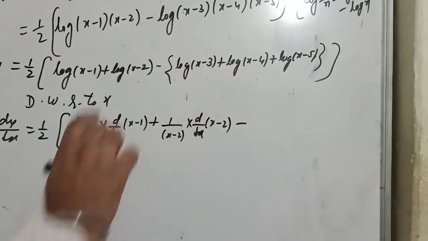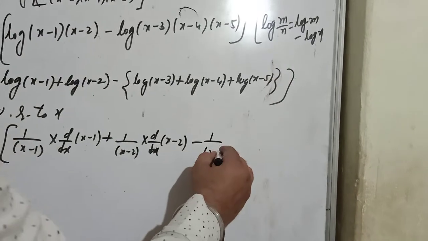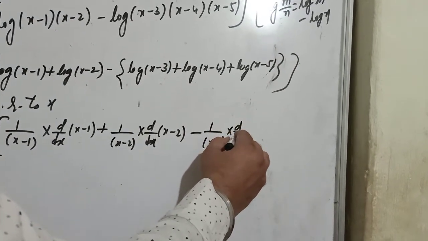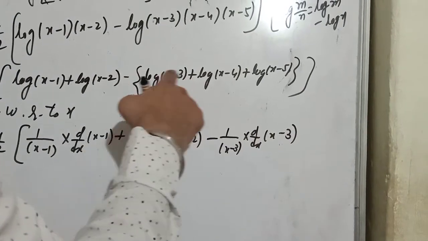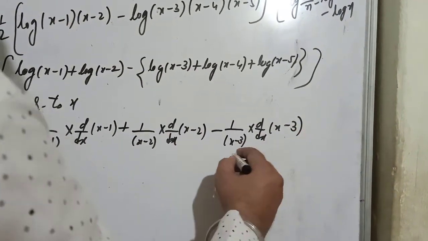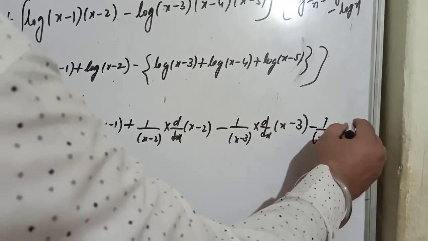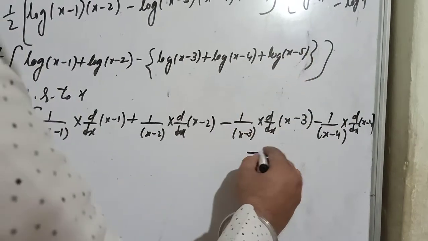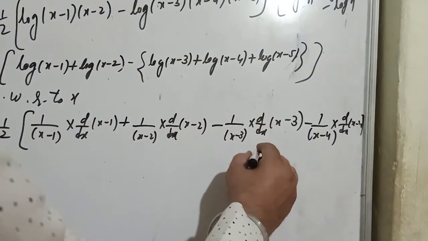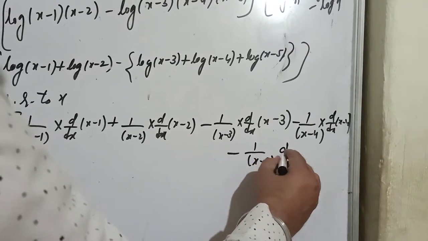And here I am opening the bracket: log (x minus 3), 1 upon (x minus 3), then differentiation of (x minus 3). Log (x minus 4), because plus minus will become minus, 1 upon (x minus 4), then d by dx of (x minus 4). And the last term has a minus sign, plus minus minus, 1 upon (x minus 5) and differentiation of (x minus 5).